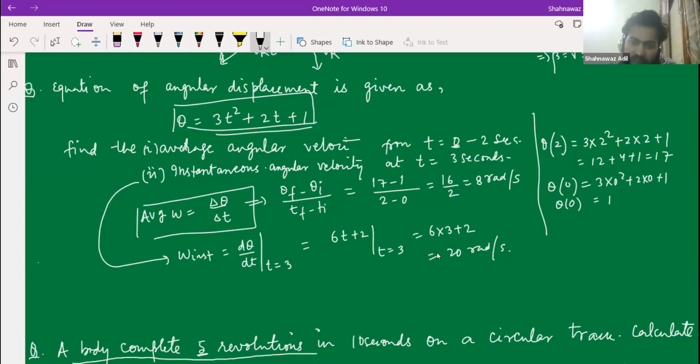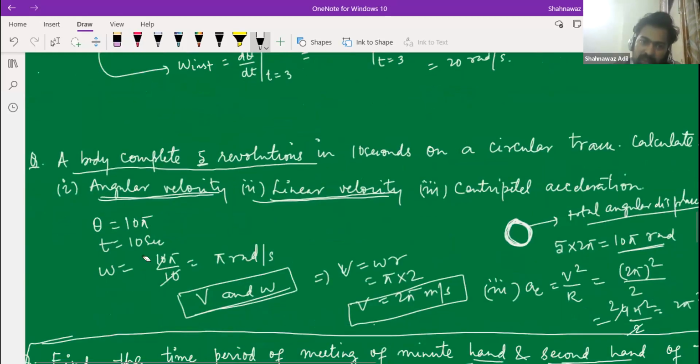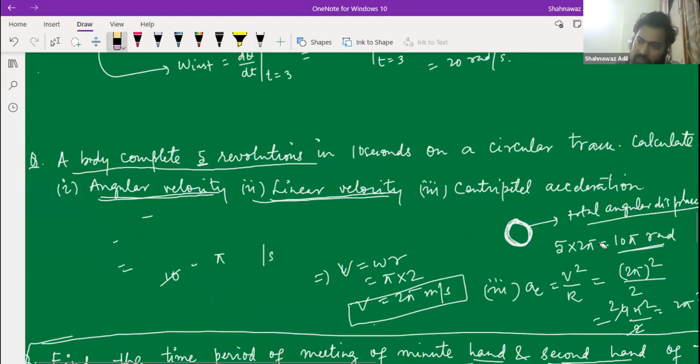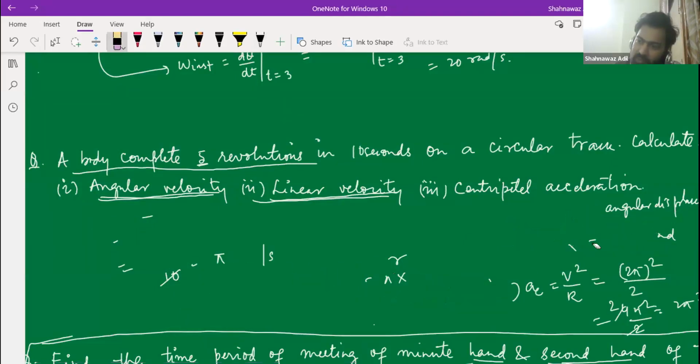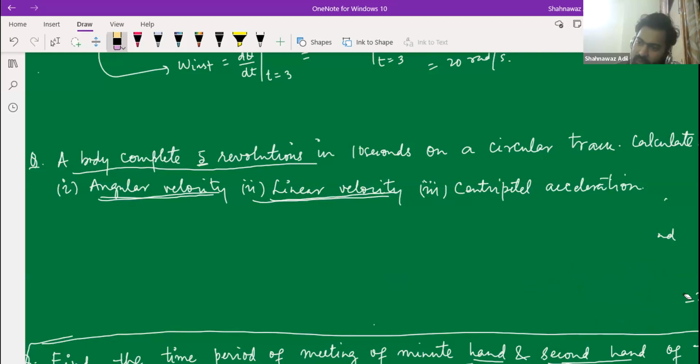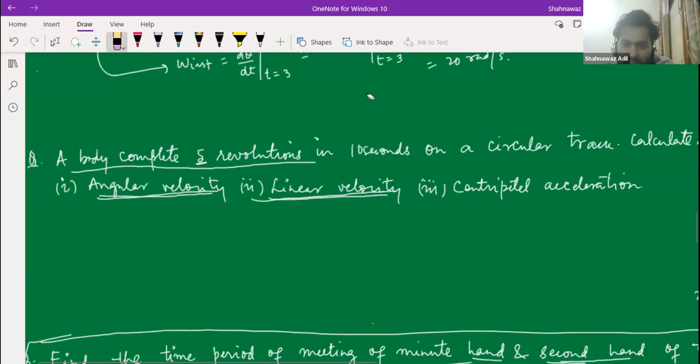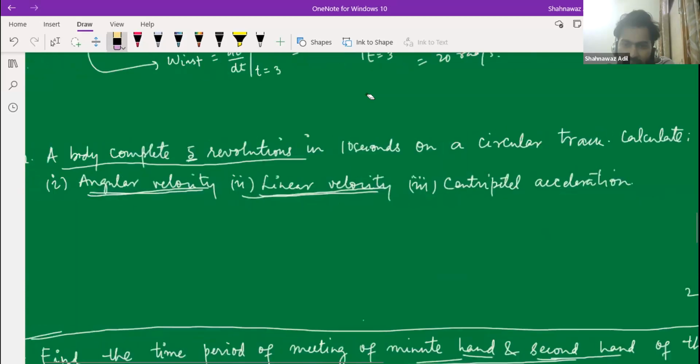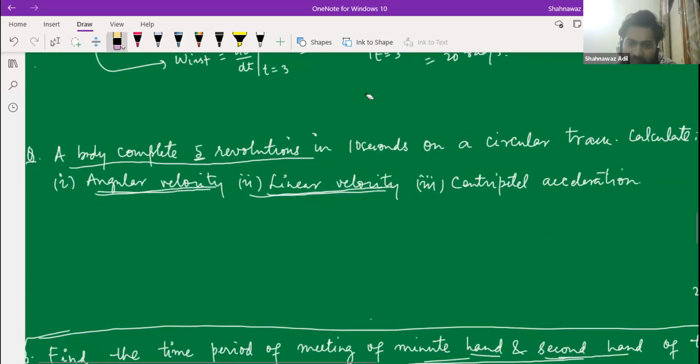Okay, so now let's do this question, right? First, we need to find out what the radius is.